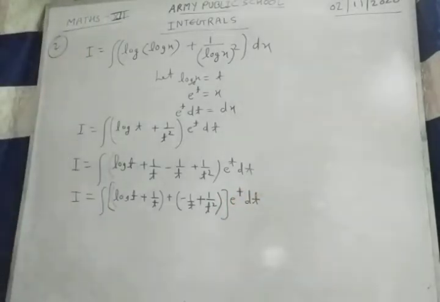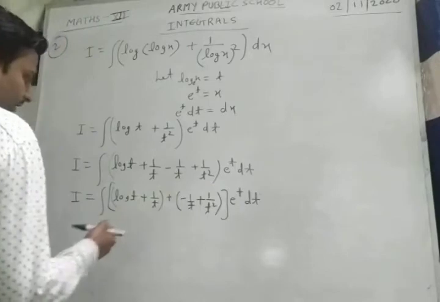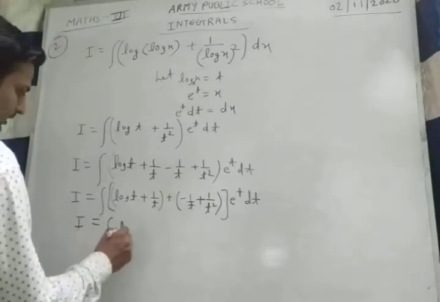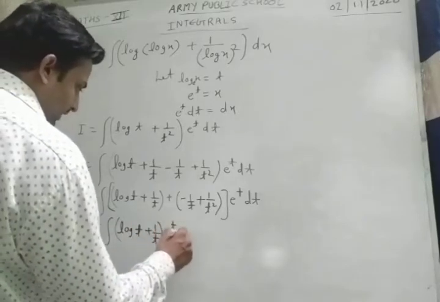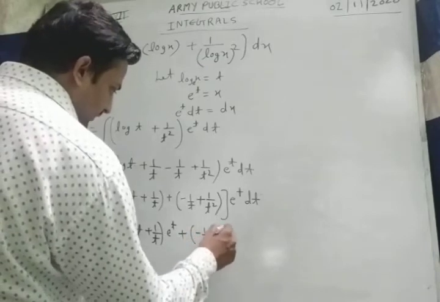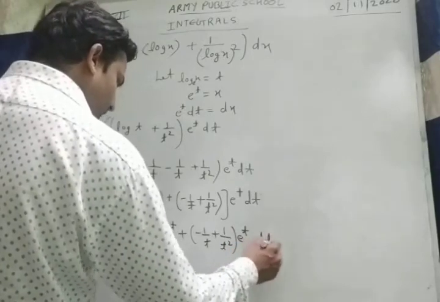Okay, now check this. Now we have multiplied this by e to the power t. Inside the bracket we get log t plus 1 by t, e to the power t, plus minus 1 by t plus 1 by t square, e to the power t dt.